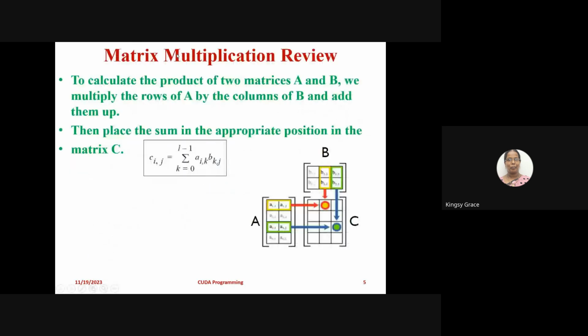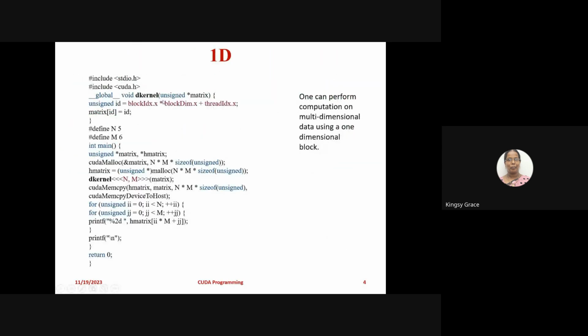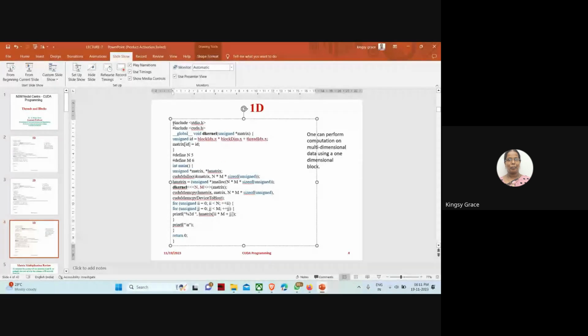See here, same thing: blockIdx.x into blockDim.x plus threadIdx.x. All the remaining things are the same. Try to execute this one too, or simply change all the dimensions to xxx and see what the result will be.